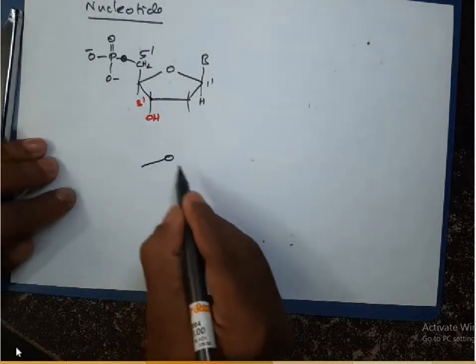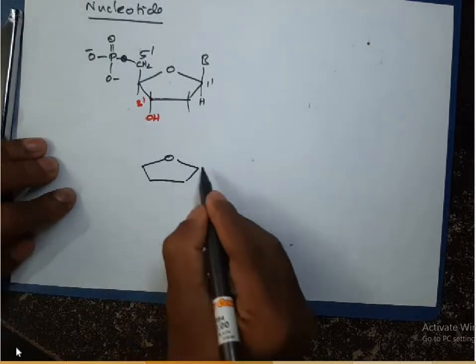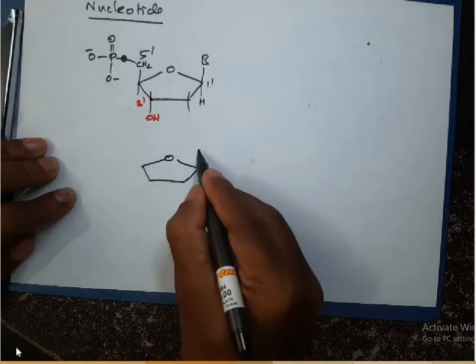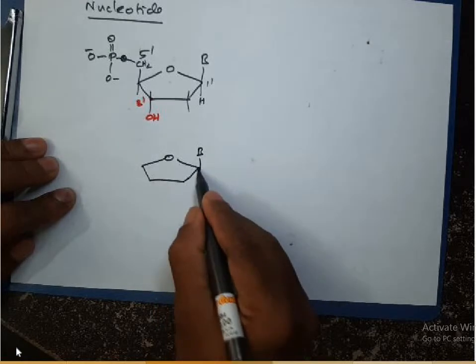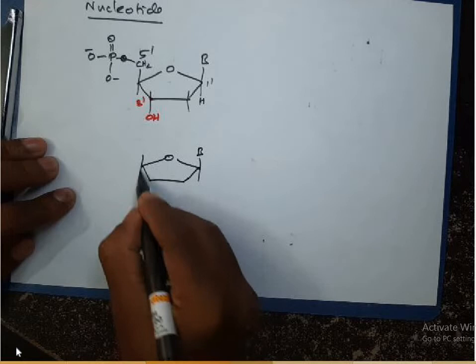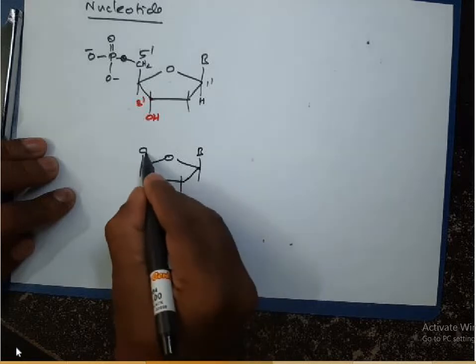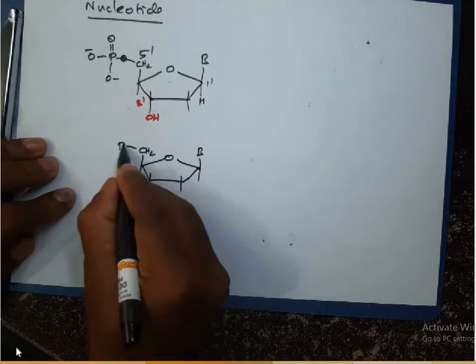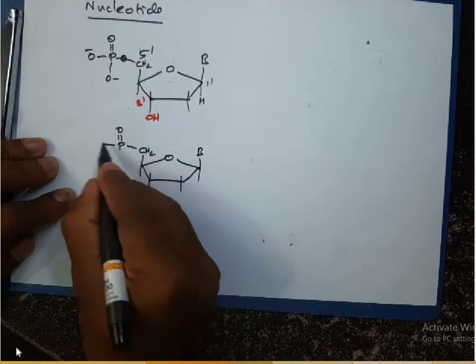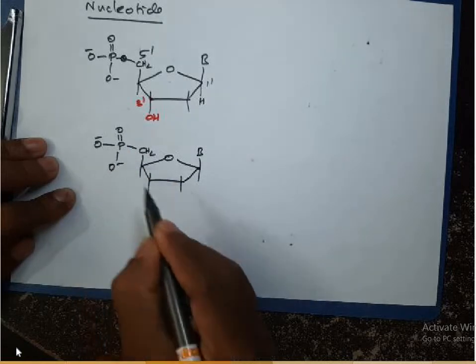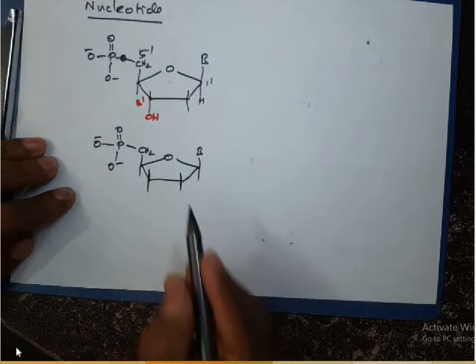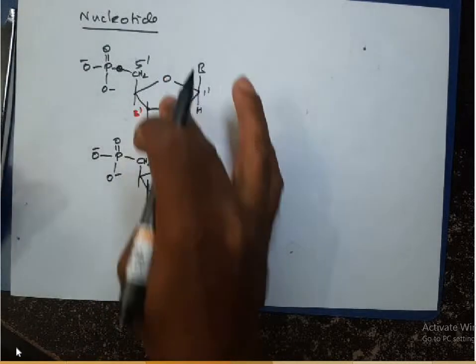Students, observe this carefully. I'll take another molecule of nucleotide. We have a base, right? Here we have carbon CH2, P double bond O minus. This is one nucleotide. This is another nucleotide.